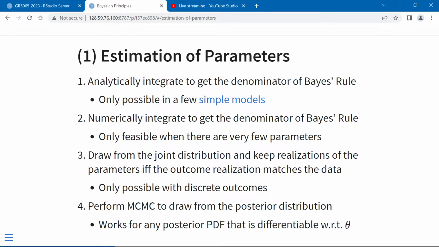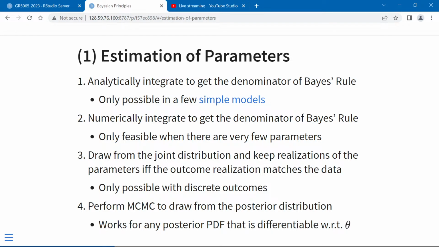Second, numerical integration with quadrature, basically using little trapezoids and a whole bunch of them to get the area under the curve of the numerator, which is the denominator of Bayes' rule. That is feasible irrespective of conjugacy or anything like that. So potentially it would work with a wide number of combinations of priors and likelihoods, but it's really only feasible when there's 1 parameter, maybe 2.